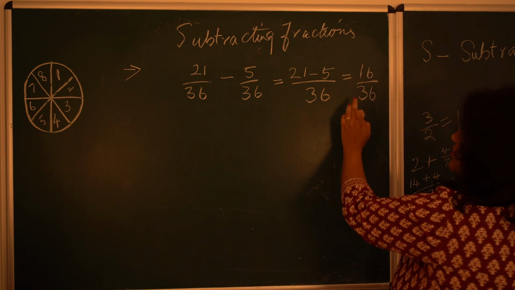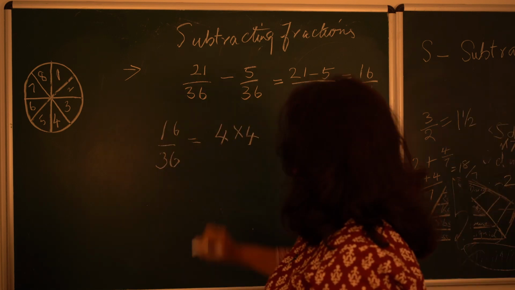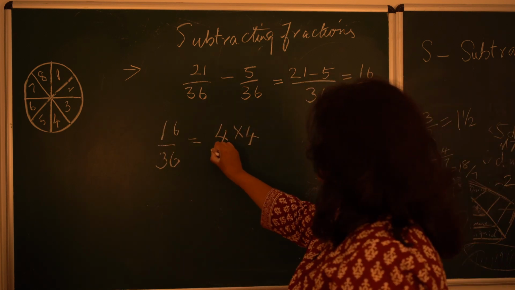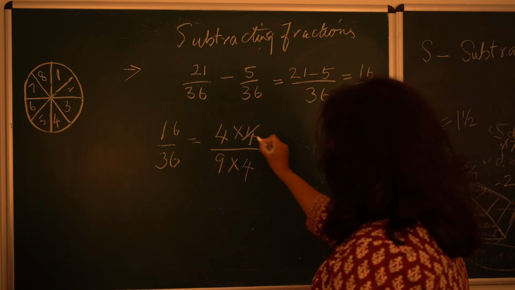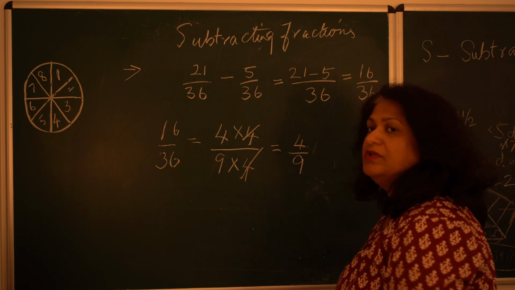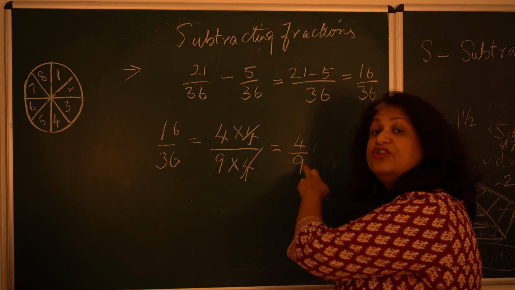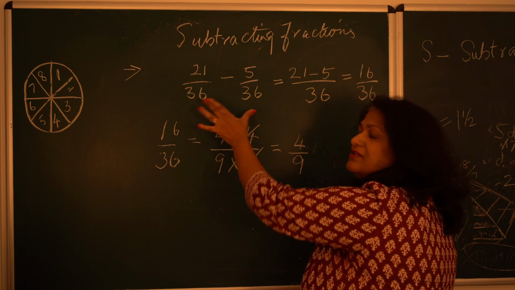If I want to reduce this further, make this number a smaller one, 4 times 4 is 16. And then I have 9 times 4 is 36. Cancel these numbers. Then I'm left with 4 by 9. This is the answer in the reduced form. Okay, simplest condition where the denominator is the same.